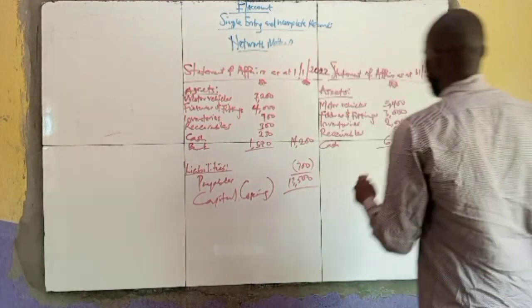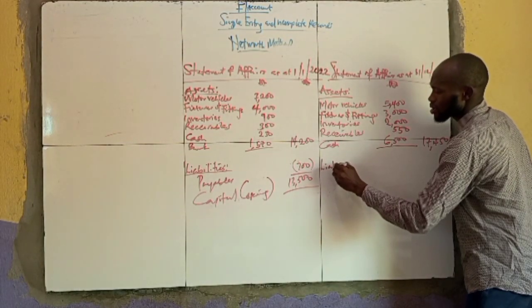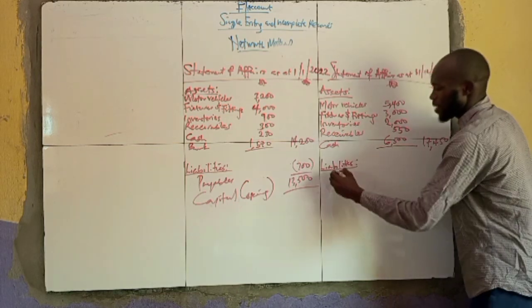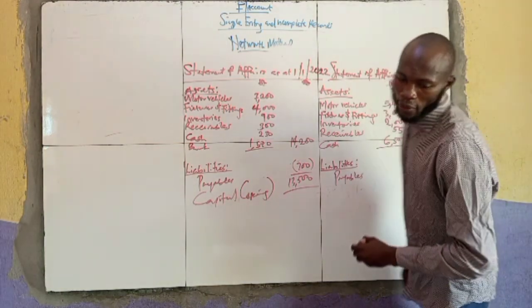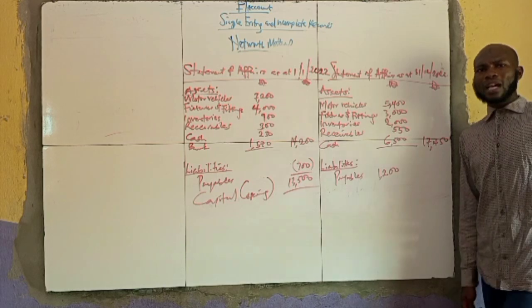17,450. Then we have our liabilities. We have payable. According to the question I was provided, 1,200. Then the other thing we have is overdraft.